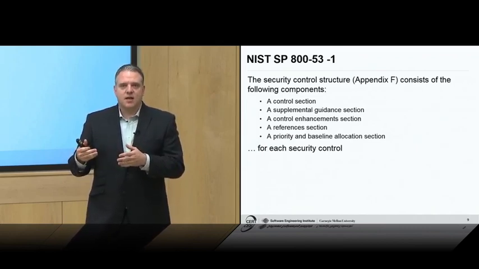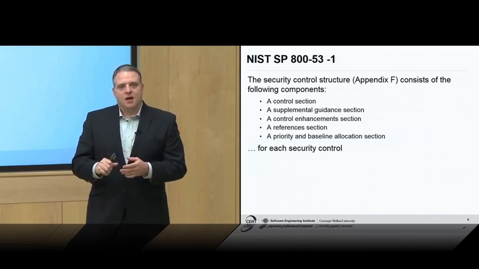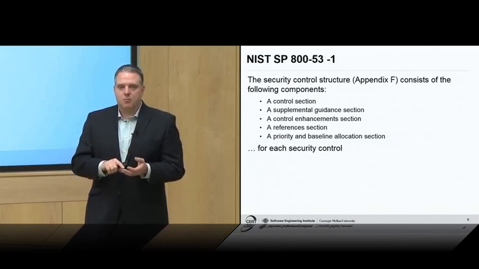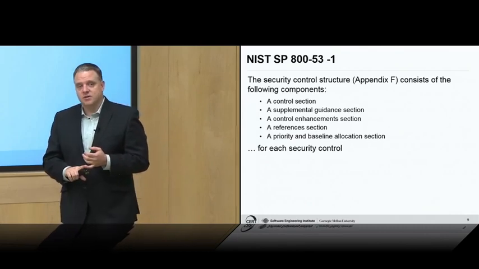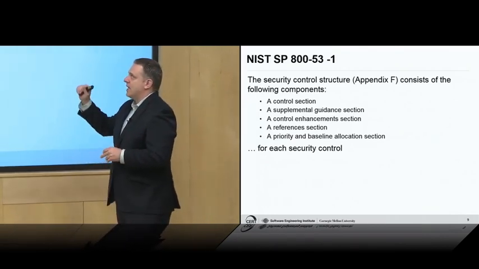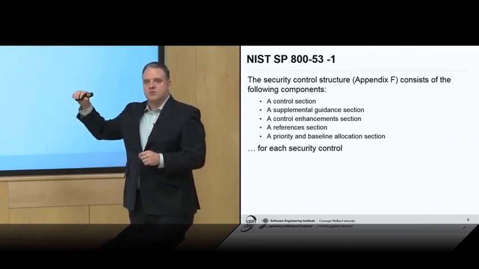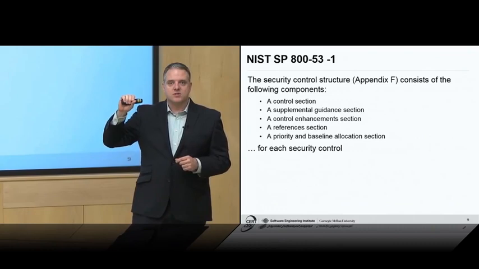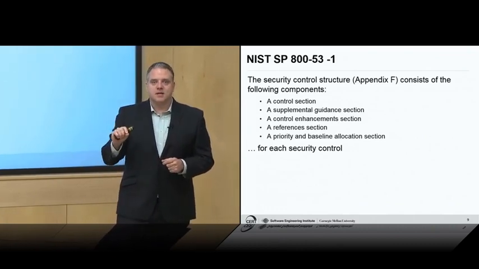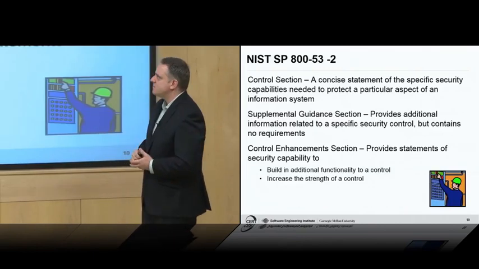References section, so any particular references related to that control you'll see there. And then each control also has a priority and a baseline allocation assignment to it. So for each control in 853, you'll see a set of information that goes through everything from what is it down to when should I implement it and under what circumstances should I implement it.